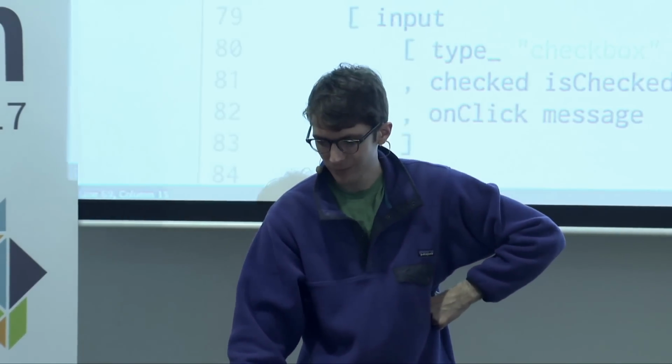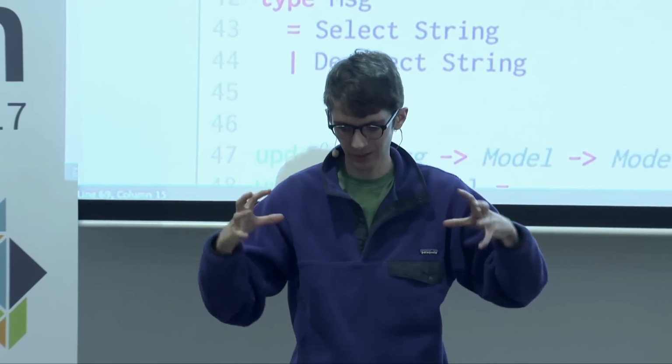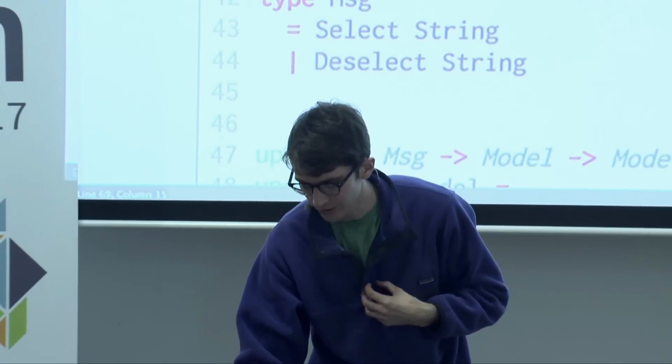But we can kind of improve things by sort of closing down this module. Right now, we're exposing everything. But we could do better by saying, OK, from the outside, no one knows how selected fruit is implemented. It happens to be a list of string, but no one needs to know.